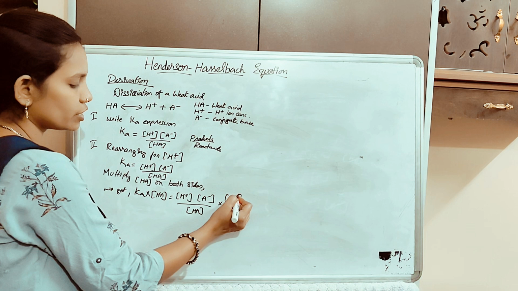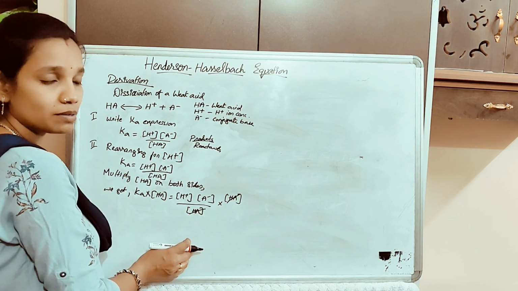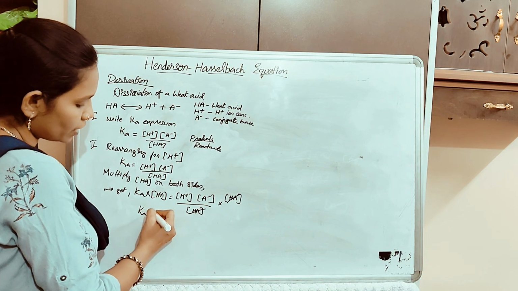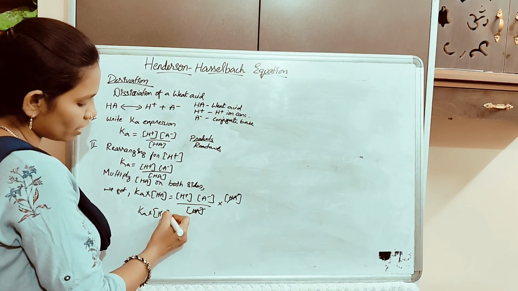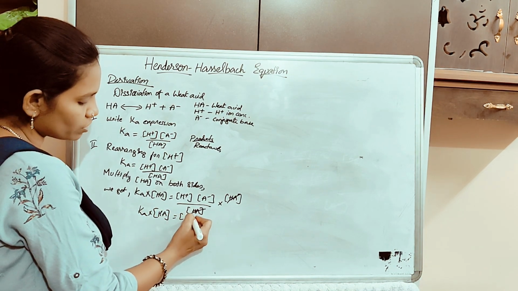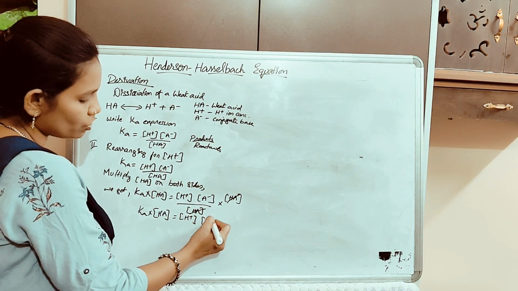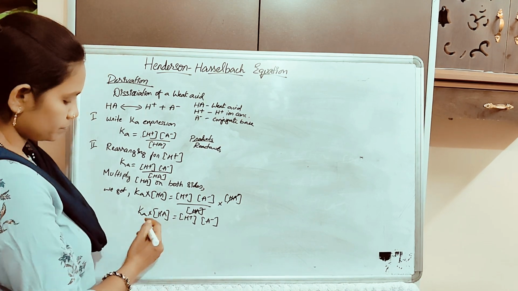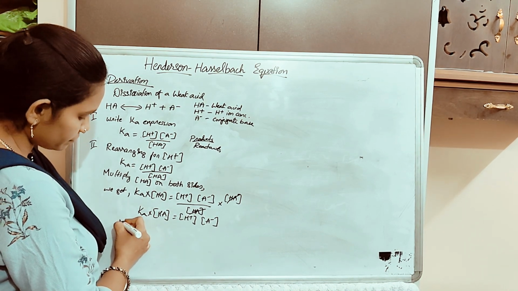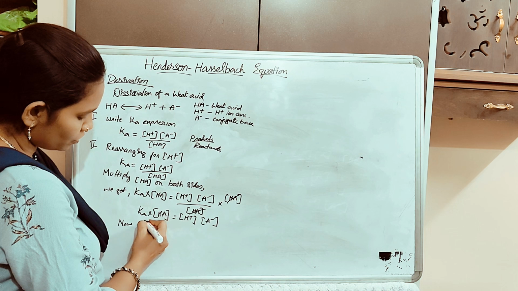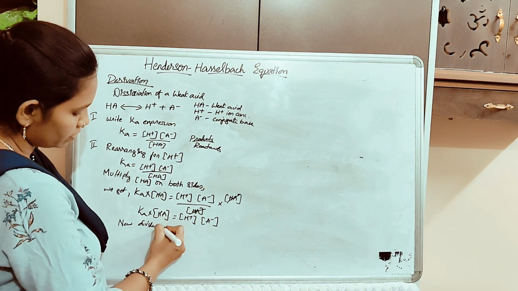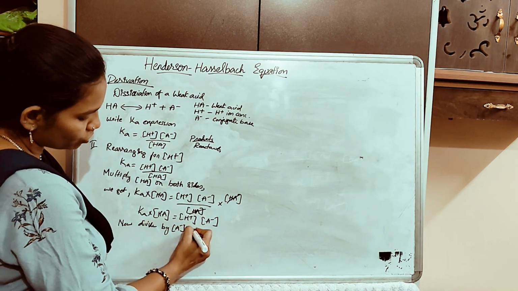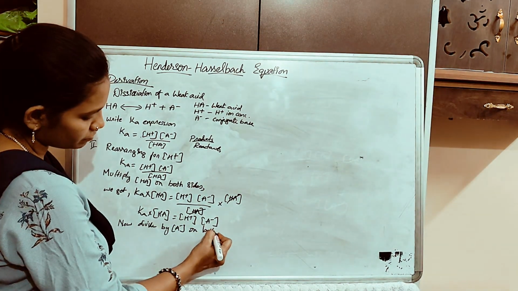So here numerator and denominator becoming the same will be struck off. So you will get the equation as Ka into concentration of HA is equal to concentration of H plus into concentration of A minus. Now again you have to divide by concentration of A minus on both sides.